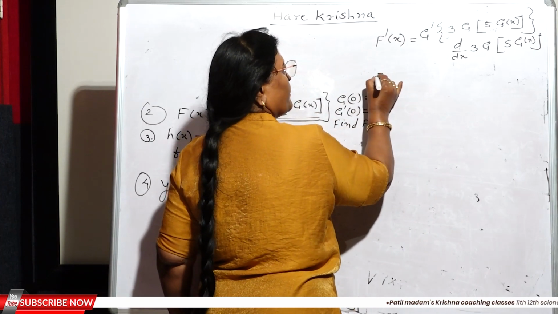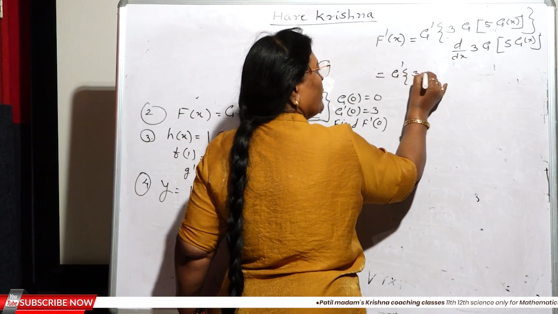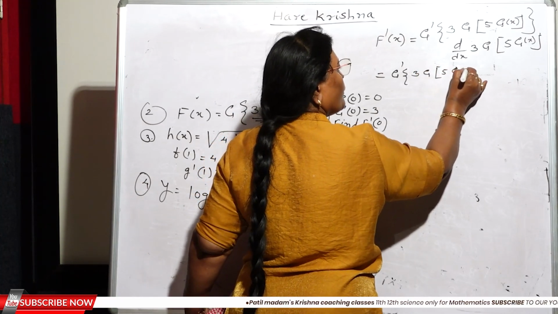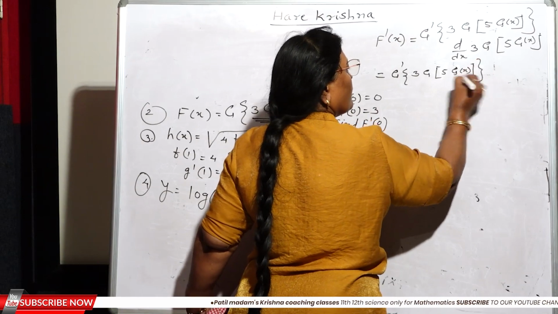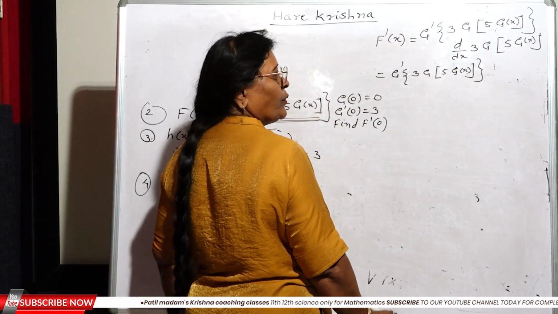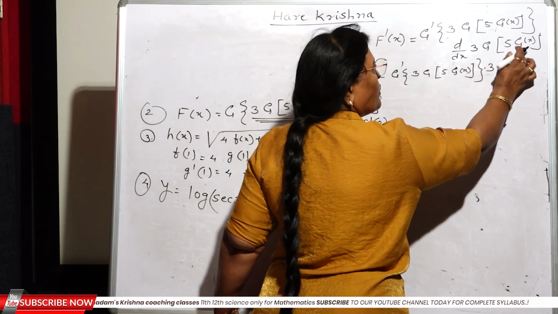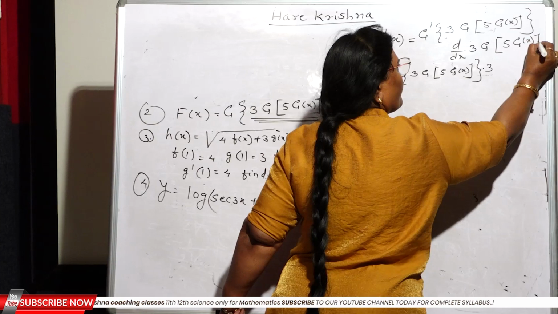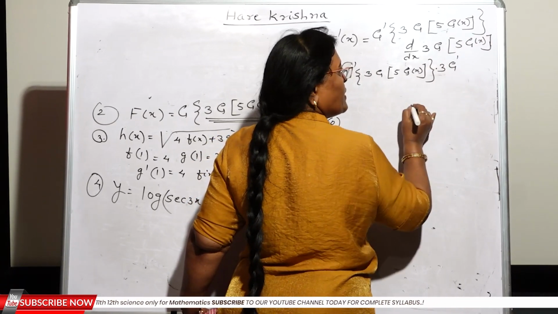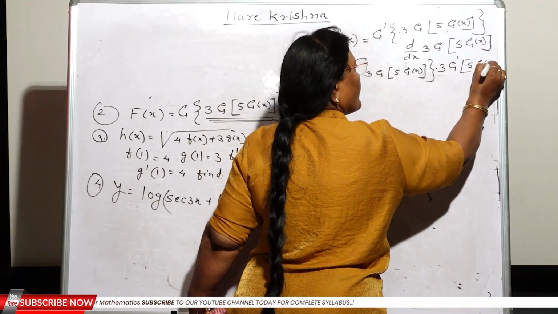Now again see here, g dash of 3 g of 5 g of x, here the bracket is closed. Again when a constant is multiplied to the function, the constant remains as it is, 3 remains as it is. Again you have to substitute this as u. The derivative of g of u is g dash u, that is g dash 5 g of x, right?